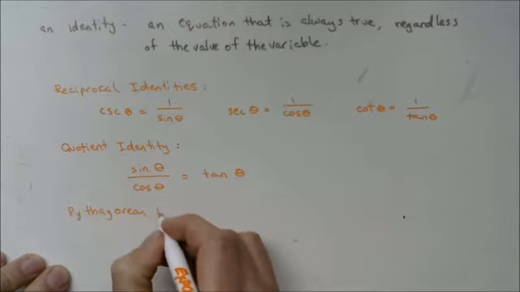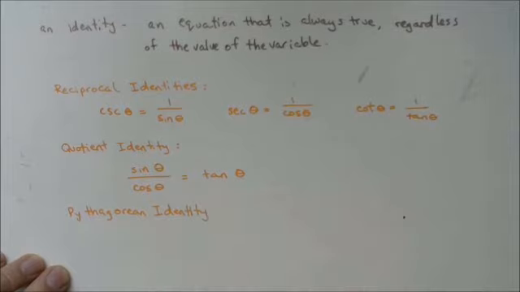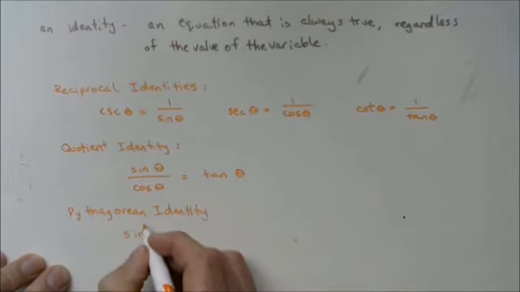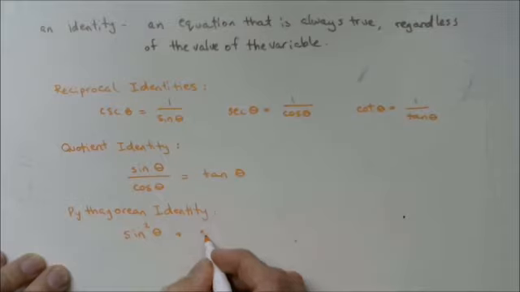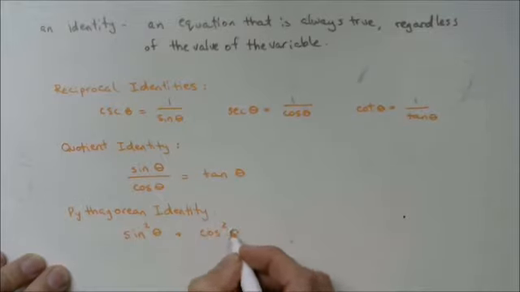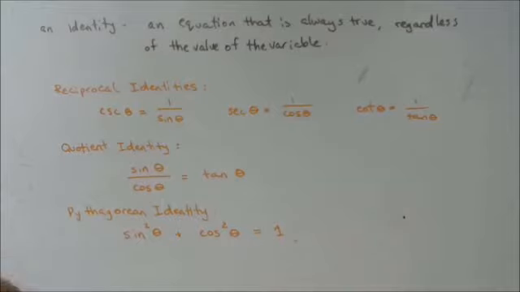The last one we have not used yet, but comes in very handy, is the Pythagorean identity. The Pythagorean identity says that the square of the sine of theta plus the square of the cosine of theta is equal to 1.